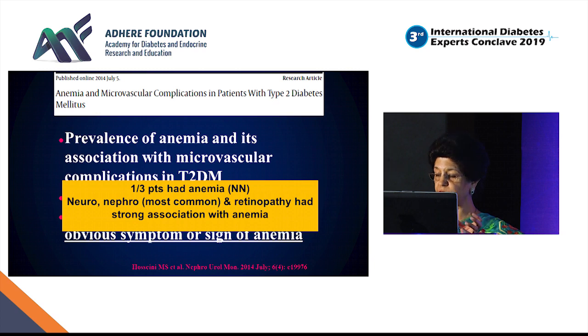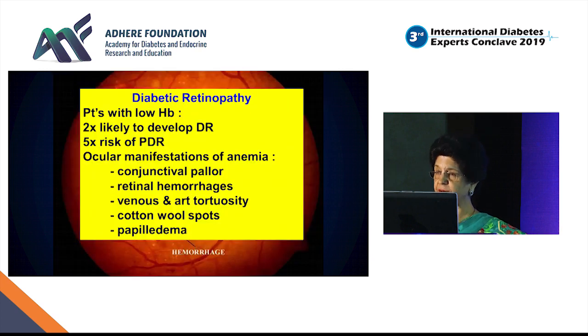I'm not trying to show you the fundus here, but I'm trying to highlight that if there is associated anemia, there's a 2 times greater risk of developing diabetic retinopathy, a 5 times greater risk of proliferative diabetic retinopathy. Not only that, it is an independent risk factor for diabetic peripheral neuropathy, as well as cardiovascular autonomic neuropathy.